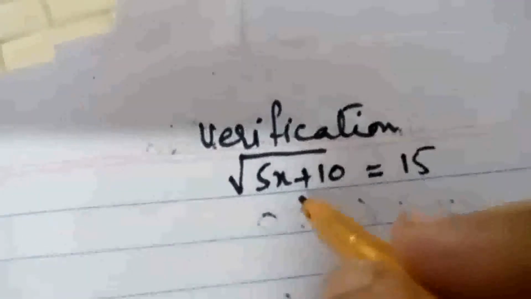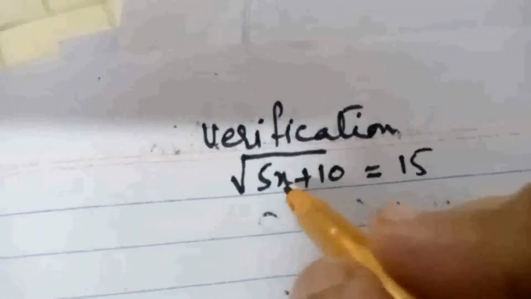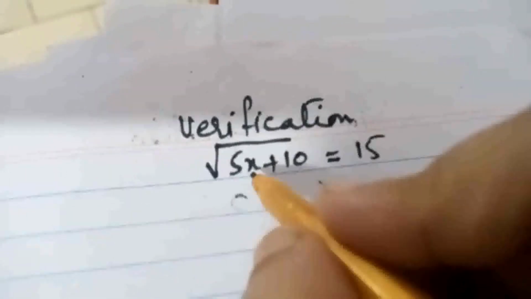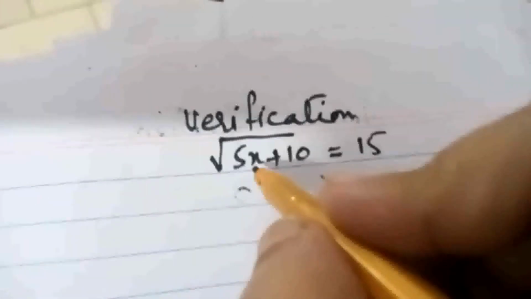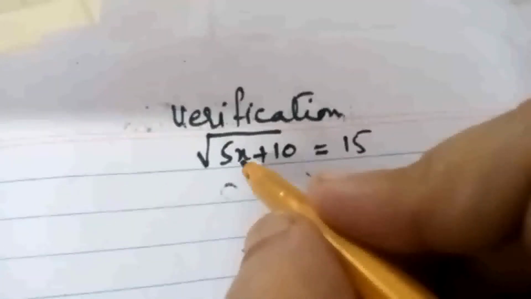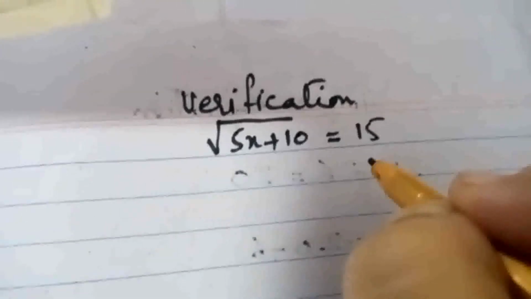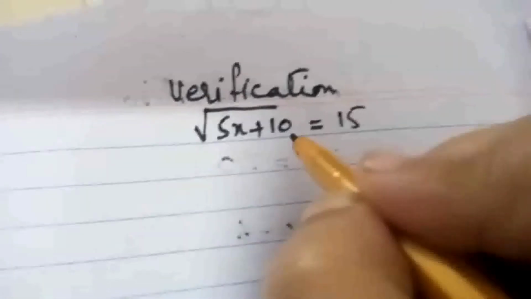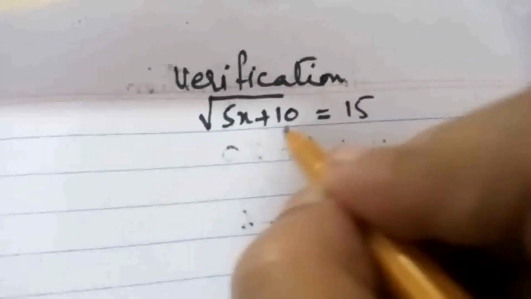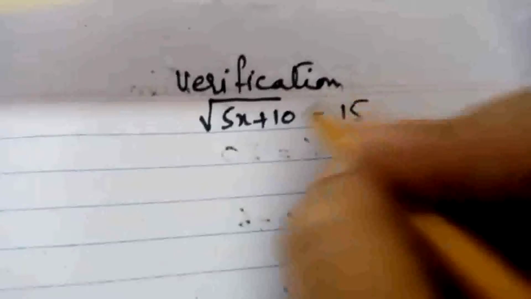In verification we put the value of x in the place of x, and then we solve the left side, and then we also solve the right side. In verification we do not transfer any expression from left to right or from right to left.